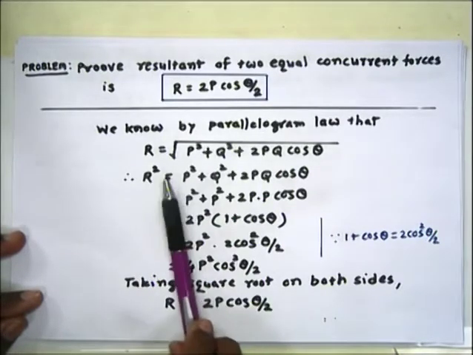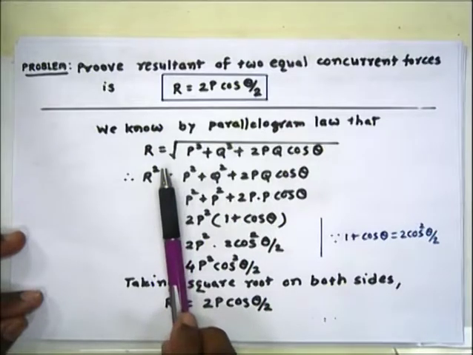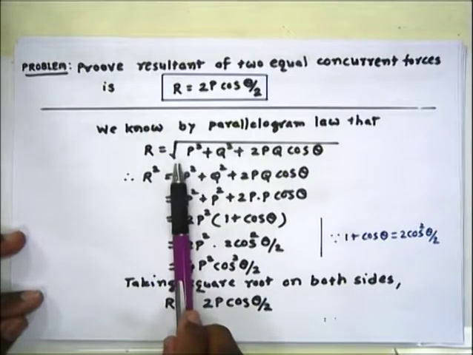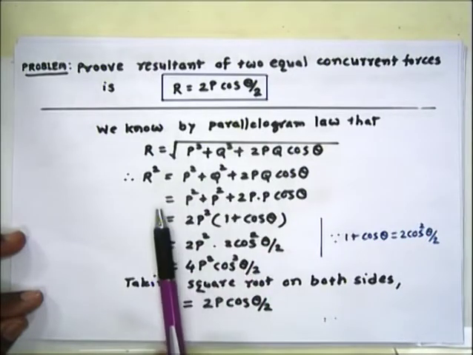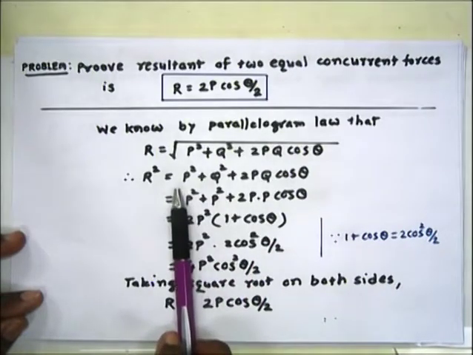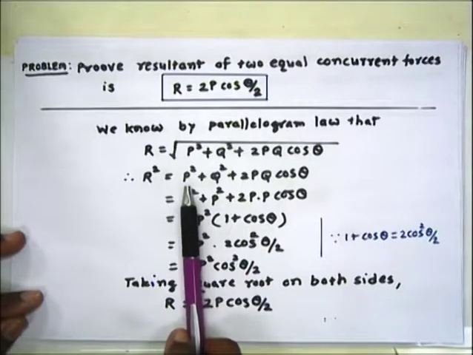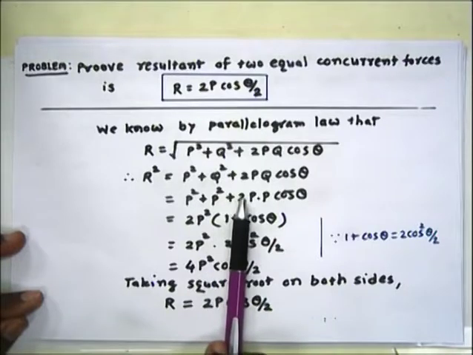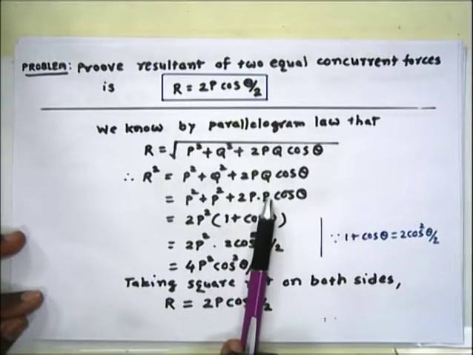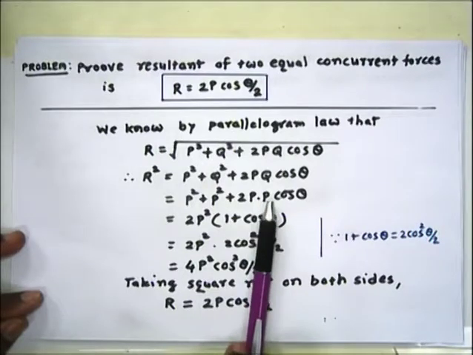First of all we will write the formula given by parallelogram law, that is R is equal to root of P square plus Q square plus 2PQ cos theta, and here the two forces are equal, so P we keep as P, and in place of Q we will put the value P, because Q and P are equal. So 2P, and in place of Q we are writing P cos theta.